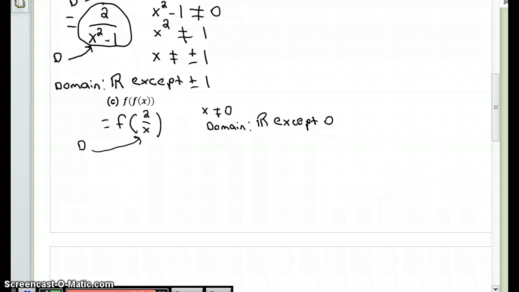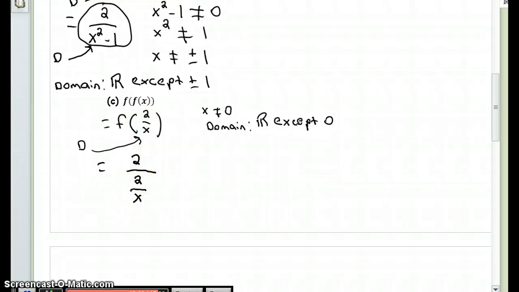All right, now I'm going to take 2 over x and put it back into f of x in for x. So really the next step is to take 2 over, now f of x used to just have an x here, but I'm going to take all of this and put it into itself. So I just took 2 over x and replaced it with x.